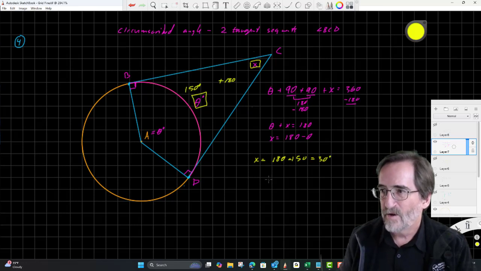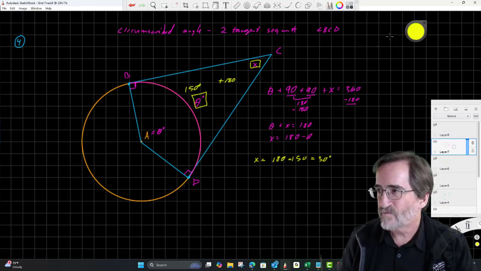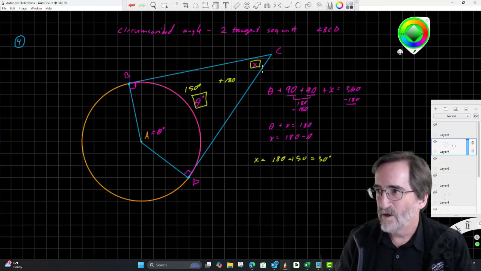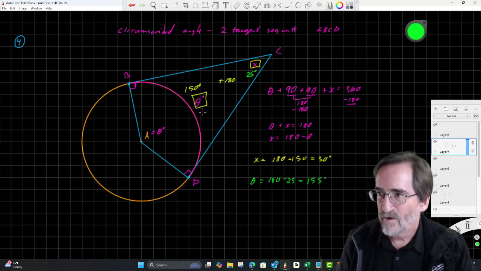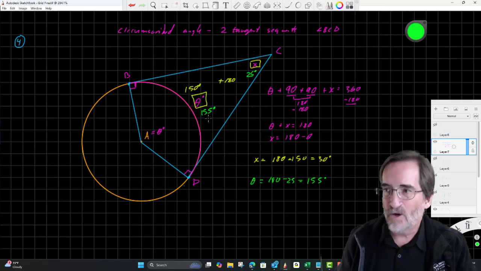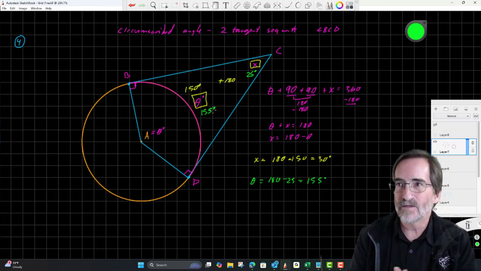Okay? Vice versa, if I was told that x is 25 degrees, then theta would make up the difference for 180, right? Let's say that x was 25 degrees, then theta would be 180 minus 25, or 155 degrees. Okay? They must always add to 180, the intercepted arc and the circumscribed angle.